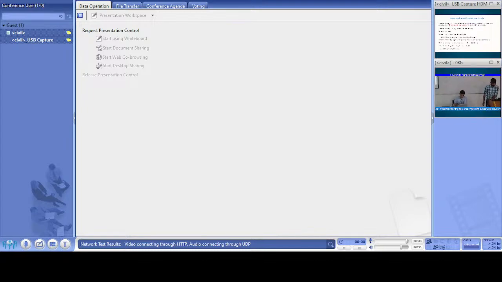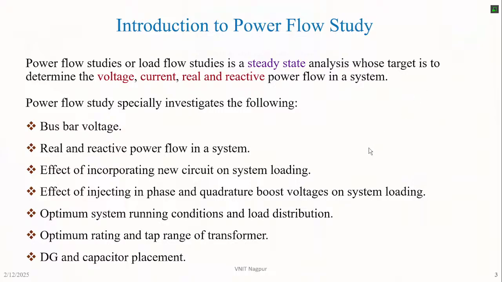If we are supposed to incorporate any new circuit at a certain loading, what will be the scenario? If voltage has fallen at a certain part, whether we should integrate a capacitor there or not, those things we check. Besides this, we identify the optimal rating and tap range of a transformer.